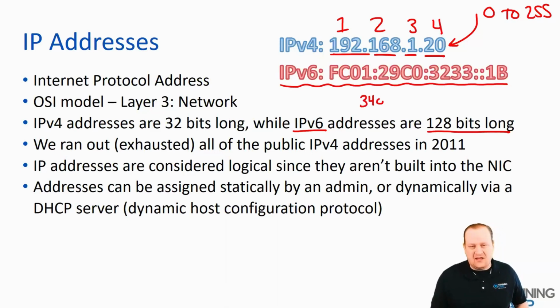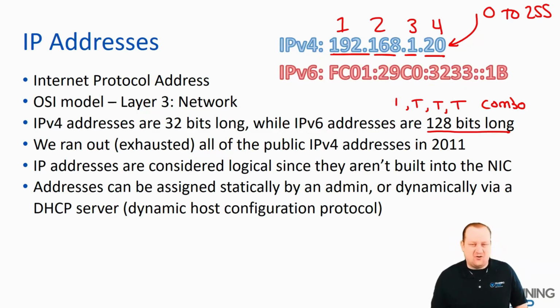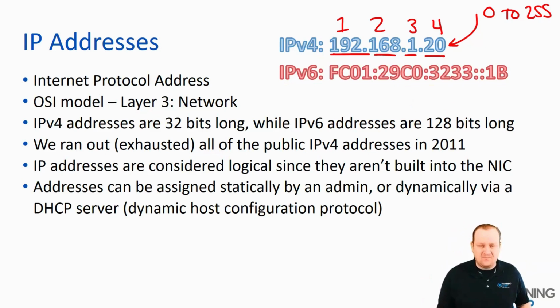That's 340 trillion, trillion, trillion, trillion combinations. To put that into perspective, you could give an IPv6 address to every grain of sand on the planet and every person, and still have plenty left over, which is a silly amount. But an amount we certainly won't be running out of anytime soon.